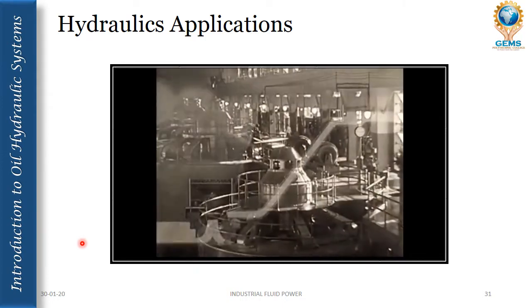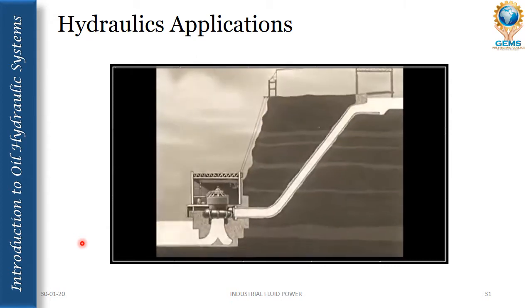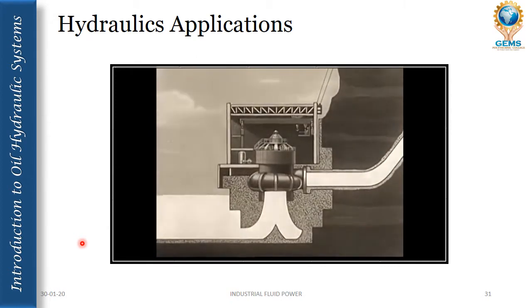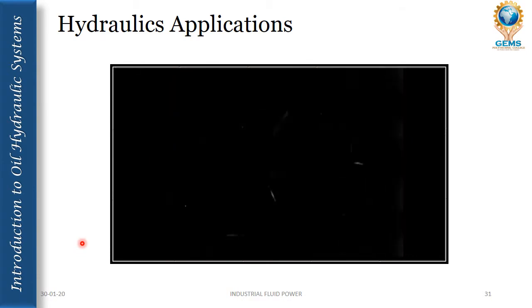This ability of liquids to transmit power comes from one important natural law. You can't push a liquid together or compress it into a smaller space than it already occupies.